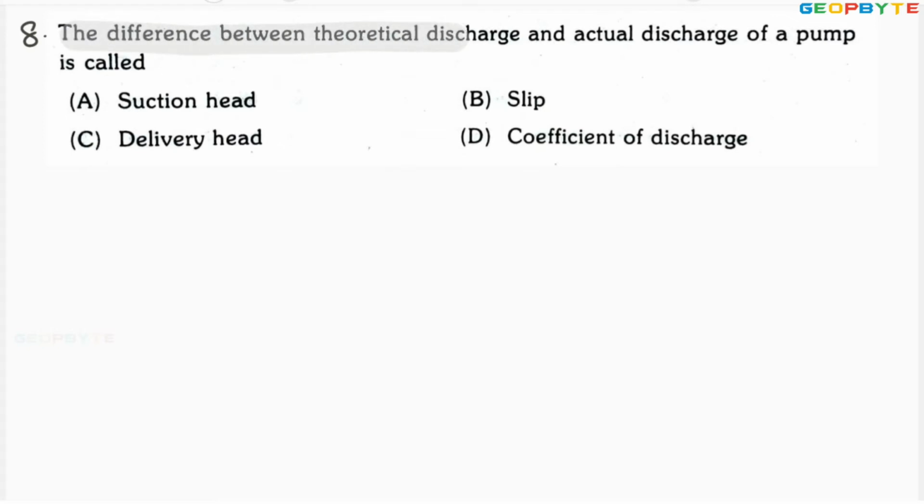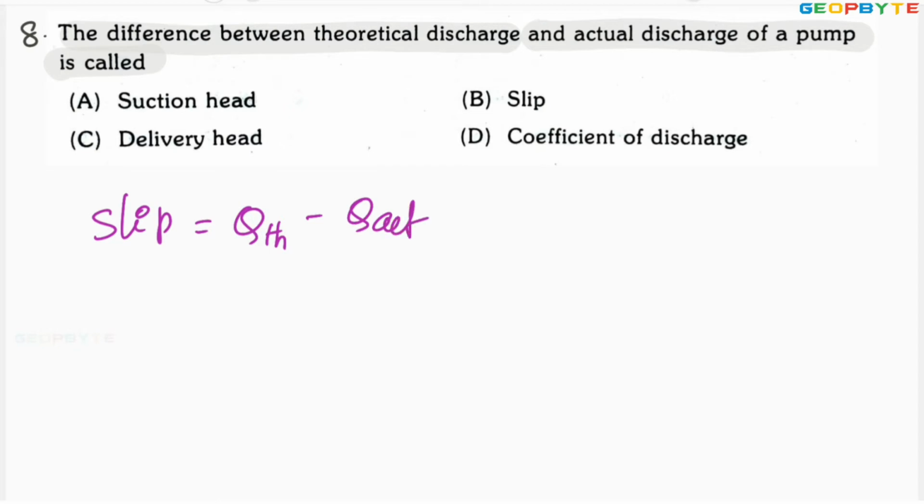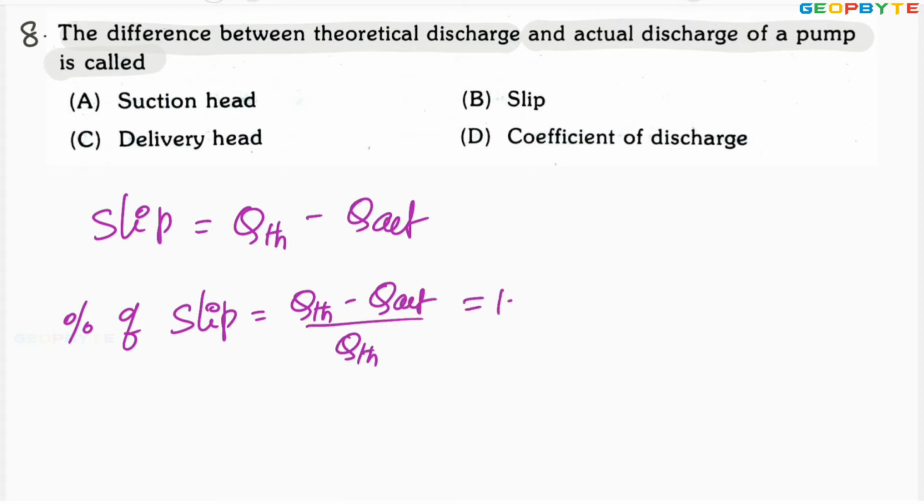The difference between the theoretical discharge and actual discharge of a pump is called slip. You know, slip equals the difference between the theoretical discharge and actual discharge, and percentage of the slip equals theoretical discharge minus actual discharge divided by theoretical discharge, equal to 1 minus Q actual by Q theoretical.